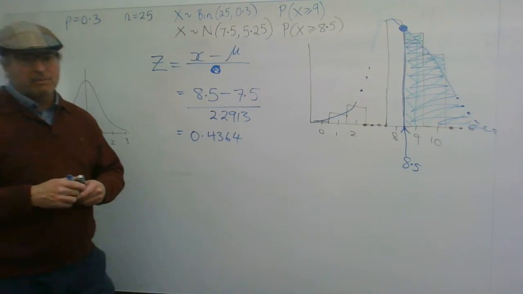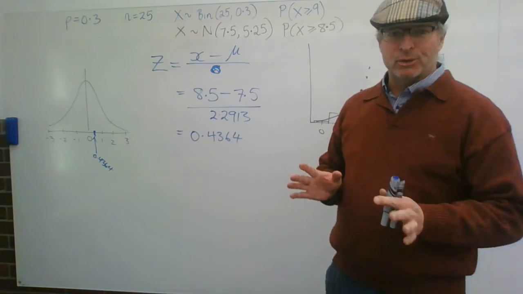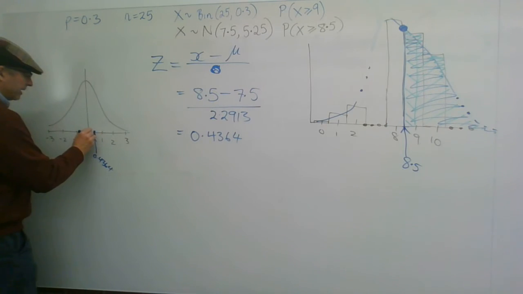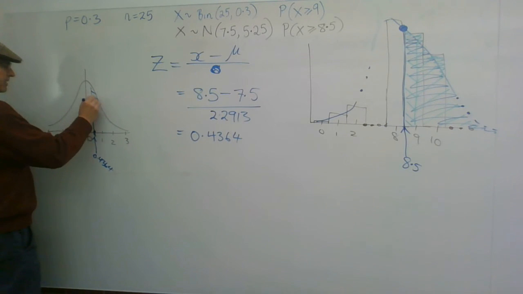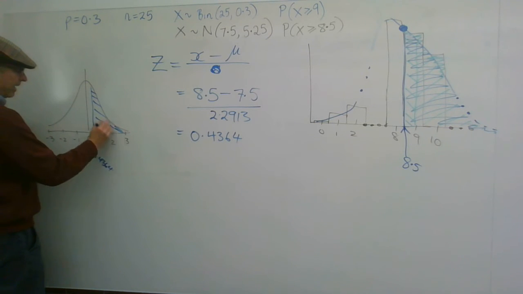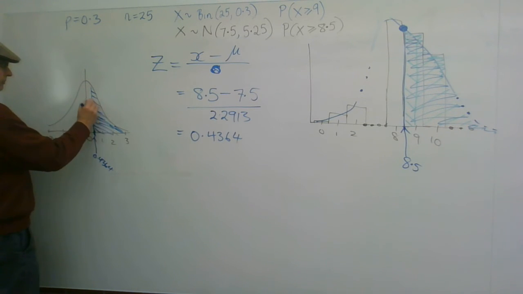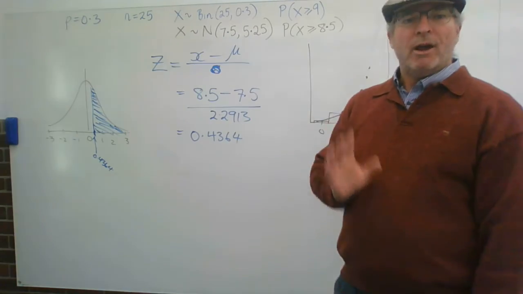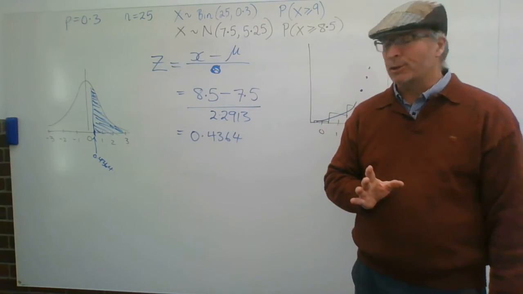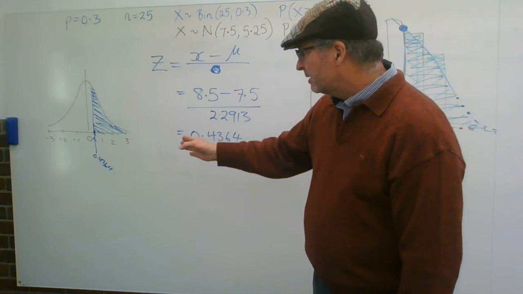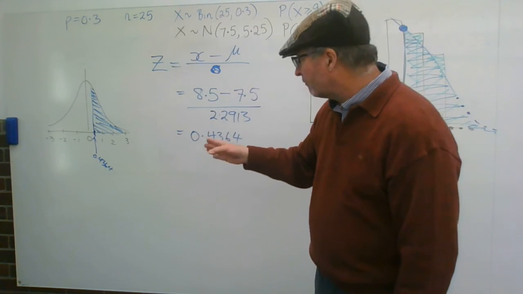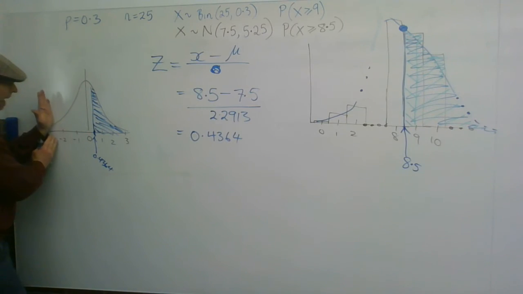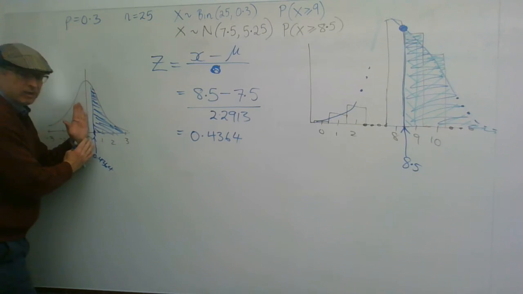Now, what table you get determines how you find your answer. We want the probability of being bigger than or equal to this, which is just that area there. But if you only have a positive table of values, finding the area associated with 0.4364 gives you the area up to there, from minus infinity to that.